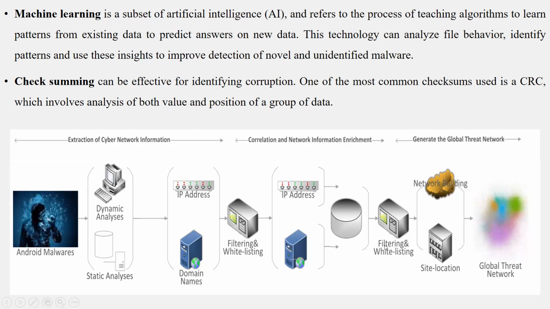Here also the IP addresses and domain names will be inspected and filtered. If any network issue is predicted, it is treated as a global threat and the rest of the measures will be taken. And if it is a good site, this will be stored in the site location.